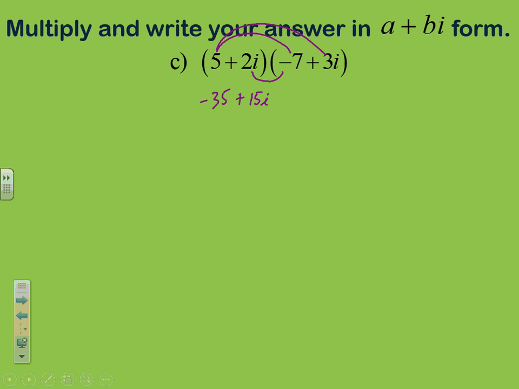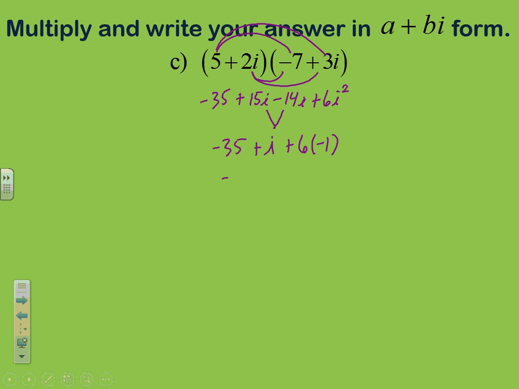Inner terms are going to give you negative 14i, and the last terms together will give you a positive 6i squared. The middle terms are like terms, so let's go ahead and combine those.